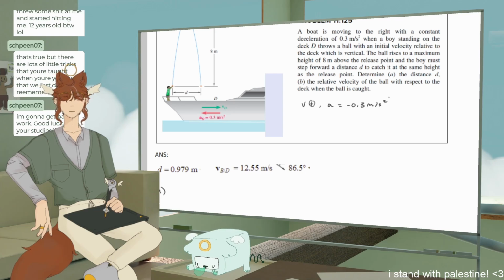But we know that the ball rises to a maximum height of 8 meters above the release point. That can tell us about our initial velocity, for sure.